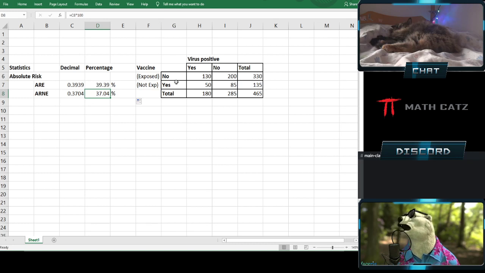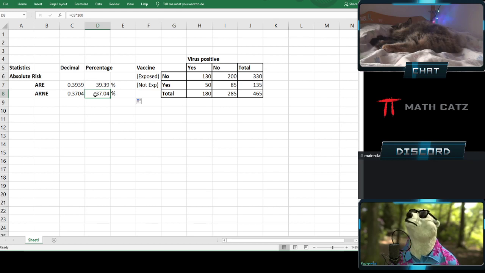However, not receiving the vaccine treatment does, according to this, result in an increased chance of getting the virus. However slight it might be, sometimes it's not a big difference. Sometimes it is. Our previous example that we did by hand, we saw quite a difference.